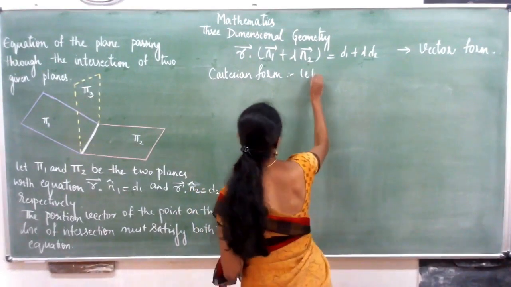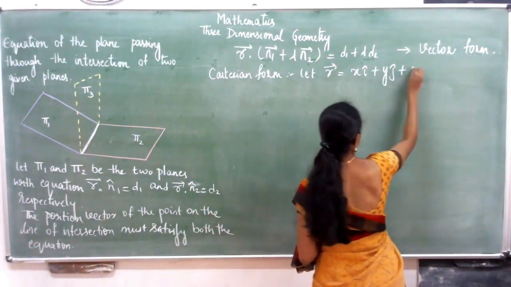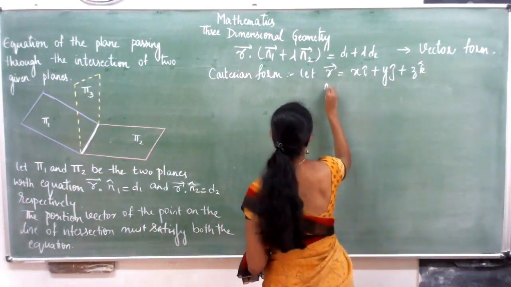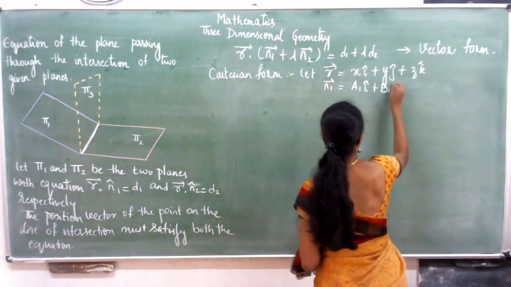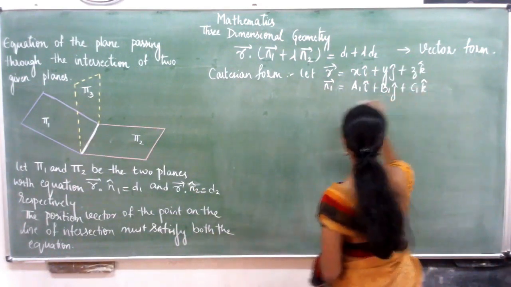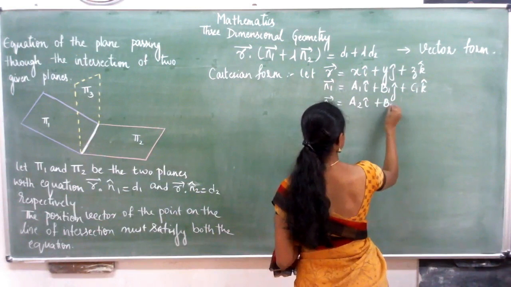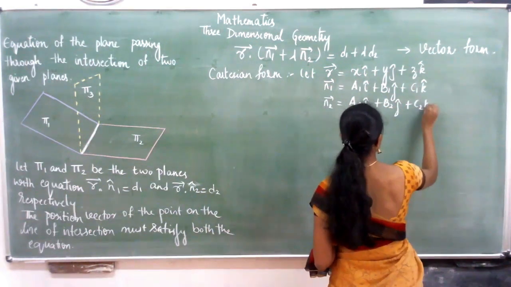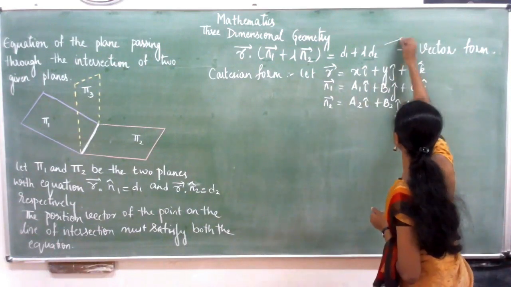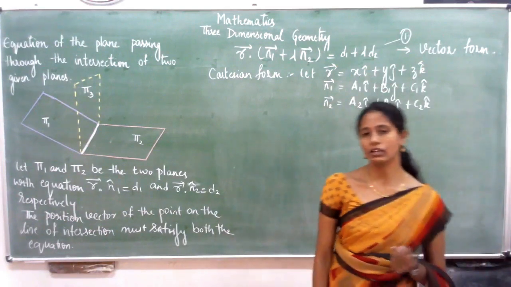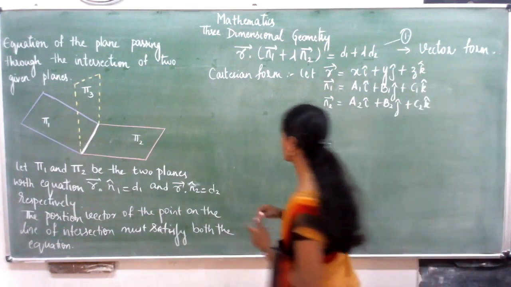So for this, let vector r be equal to x i cap plus y j cap plus z k cap, and vector n1 is equal to a1 i cap plus b1 j cap plus c1 k cap, and vector n2 is equal to a2 i cap plus b2 j cap plus c2 k cap. Now let us substitute these values in equation number 1, the vector form, to find its Cartesian form.